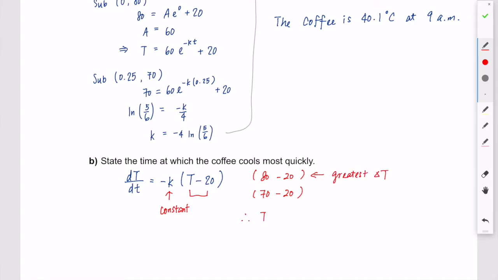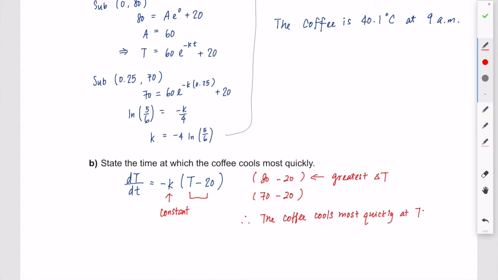Therefore, the coffee cools most quickly in the beginning, at 7:30 a.m.